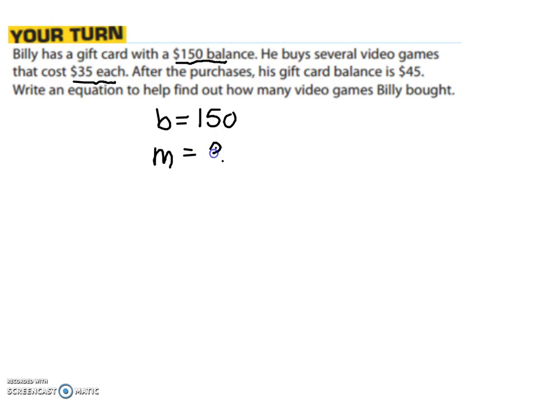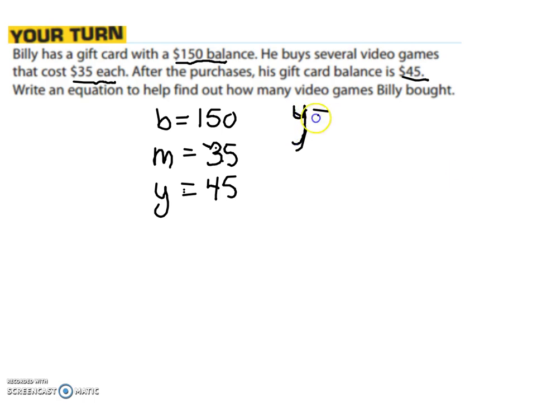But when you're buying something from a gift card, that is subtracting. So it's actually a negative 35. And after the purchases, his gift card balance is $45. Well, the $45 is now my new total, so it is my y. Remember, I want it in the y equals mx plus b format.